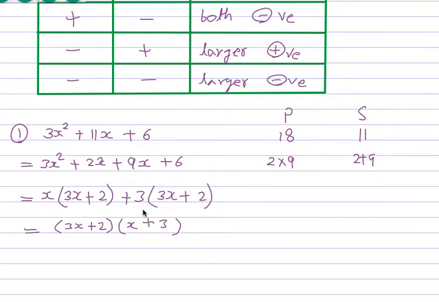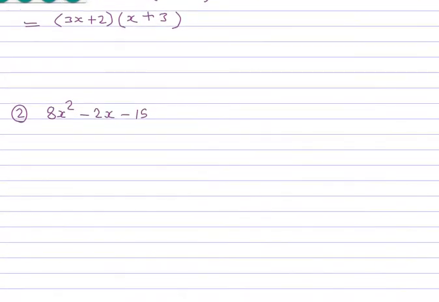Most students make a mistake here: they don't write any sign, but don't forget to write plus or minus, whatever the situation. So here plus, that's why I wrote plus. This is a very important thing.